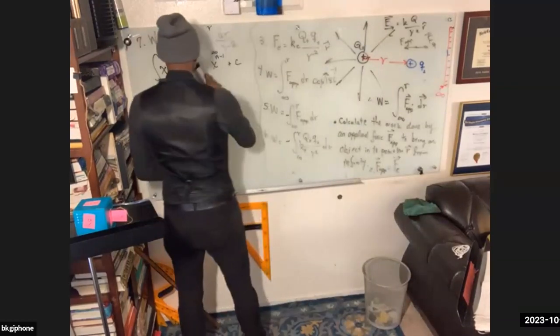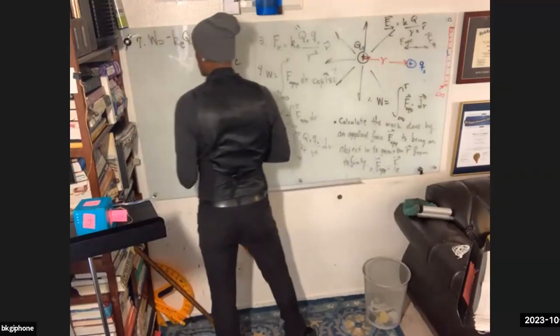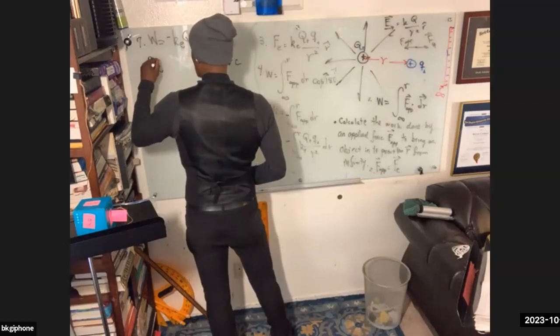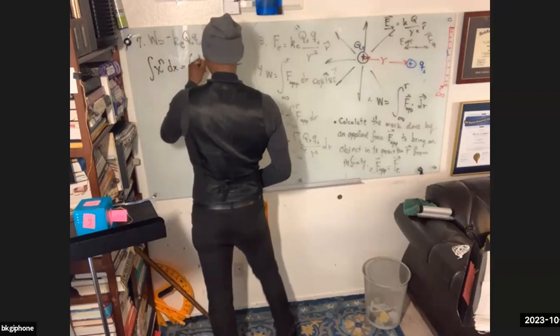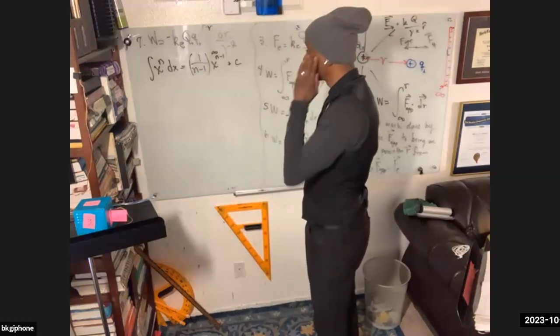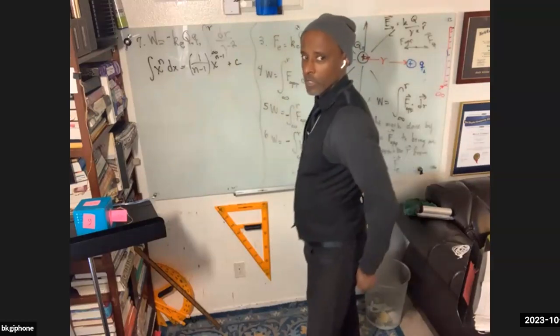I'm getting really rusty, I need to go back and review all my little calculus stuff. It's going to be the integral of x to the n dx is equal to 1 over n plus 1 times x to the n plus 1, plus c. Sorry about that. Whew. Rusty.